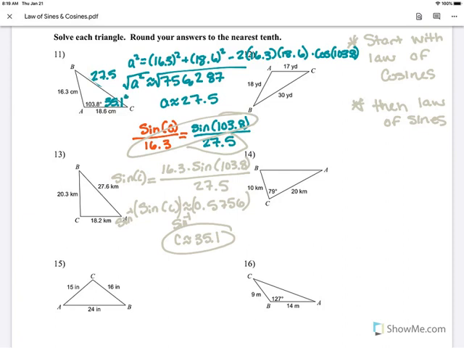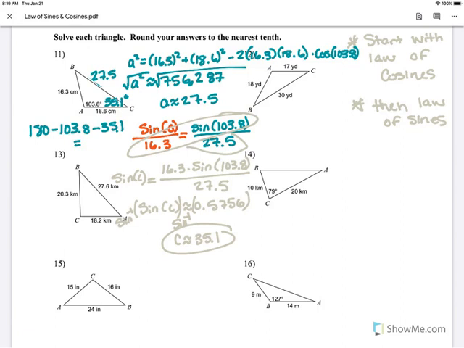What's the easiest way we can find that other side, Kellen? Subtract it. Yeah, so the last thing you guys should do is 180 minus your first angle minus your second angle and figure out what that equals. 41.2.